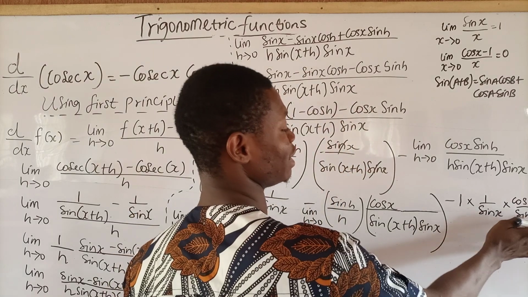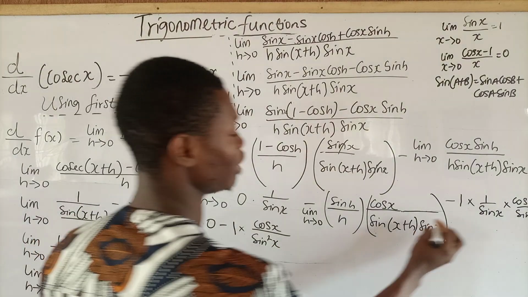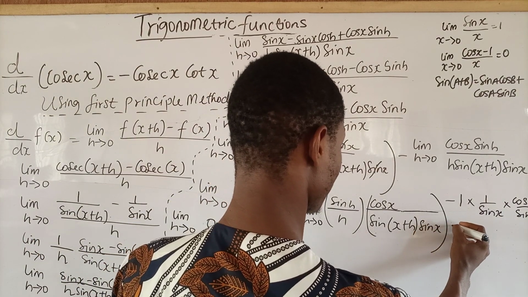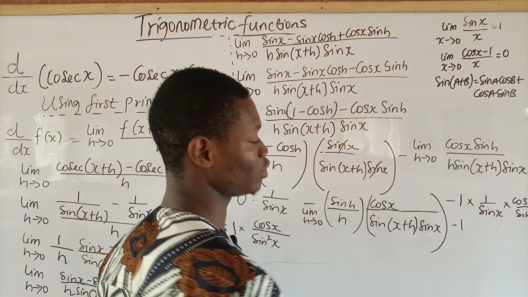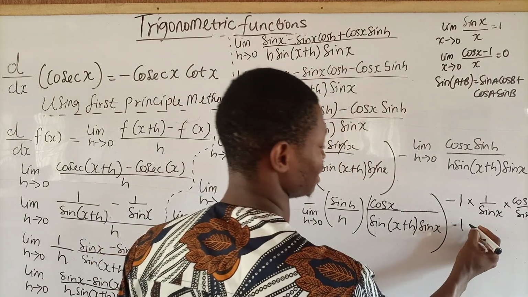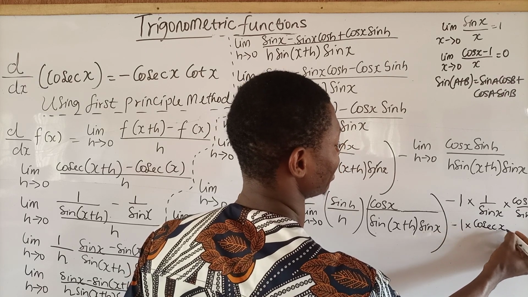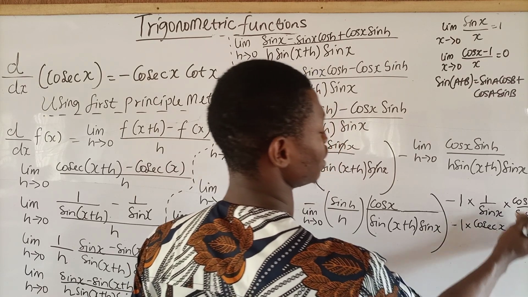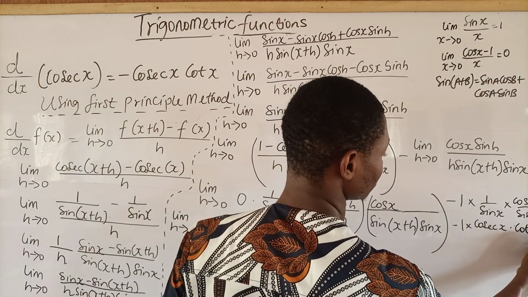Because when you multiply both the denominator and numerator, you get back this value. So you have minus 1. 1 over sine x is cosec x. Minus 1 times cosec x times cos x over sine x, which is cot x.